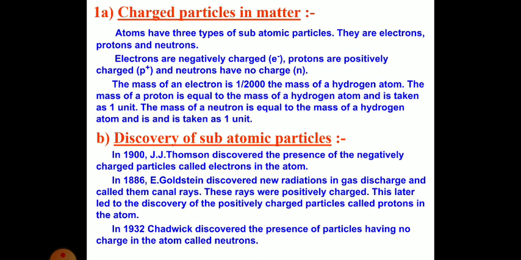Now students, atoms have three types of subatomic particles that you already know, that is electrons, protons and neutrons. Electrons are the negatively charged particles, in bracket I have shown with its charge, that is e raised to minus, which indicates the electrons are negatively charged.